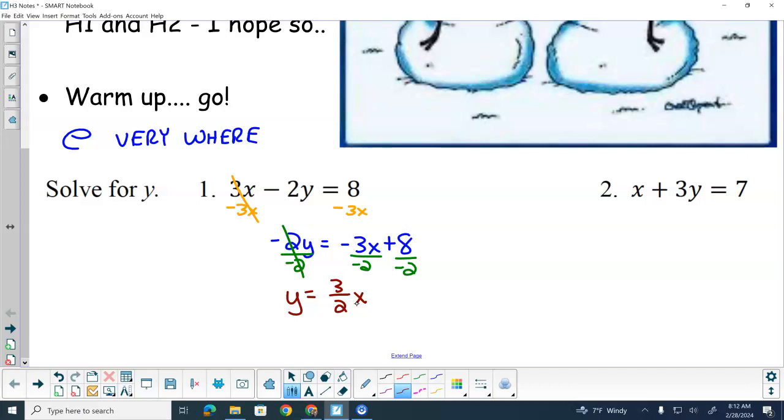Can 8 be divided by 2? How many times does 2 go into 8? 4 times. But one's positive and one's negative, so negative 4. So would I still put the plus sign? I put a minus sign.